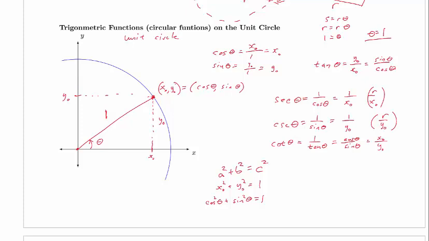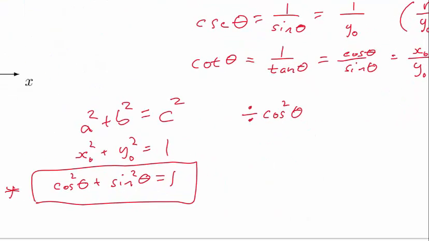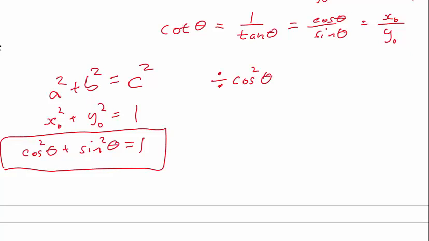Now the Pythagorean identity for trig functions has several different forms. This is the main form right here, but it also takes on a couple different forms with the co-functions. To get this in terms of one of the co-functions, we have to divide by the different trig functions. So let's start off by dividing by cosine squared theta, each term.